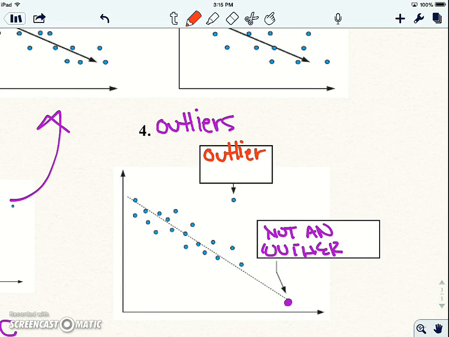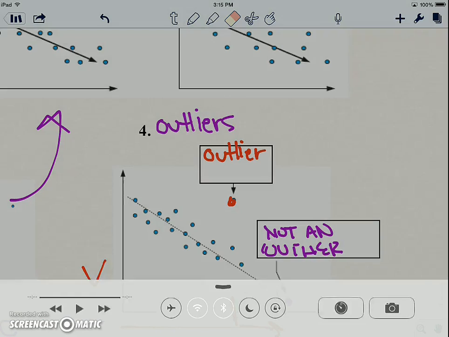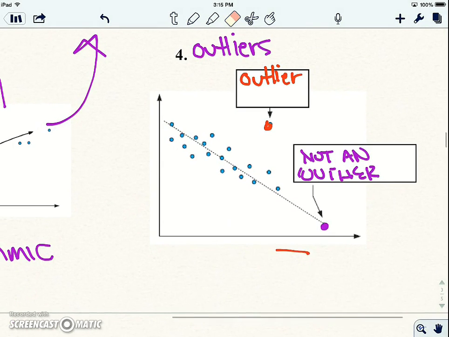This might be the person, when we were talking about before, the really tall person who's kind of skinny. In this case, this is high. Whenever this goes up, something else is going down, but this one is also high. So I don't know what the story problem is for that. So, an outlier.